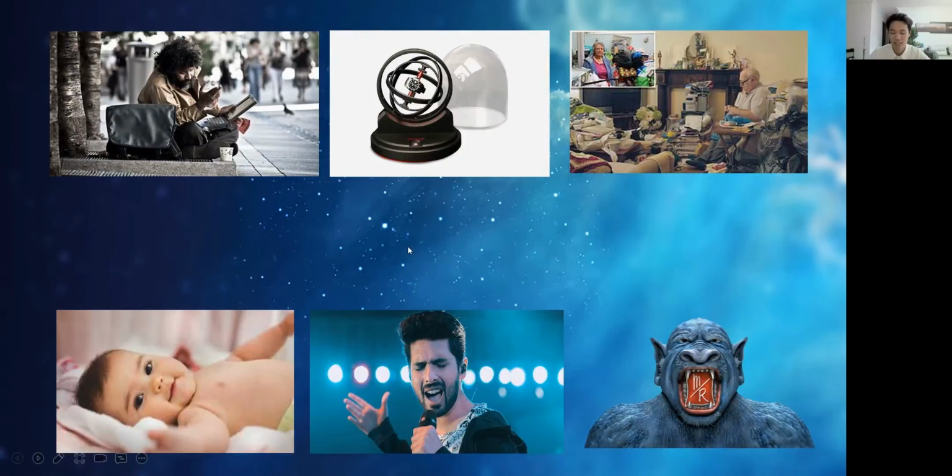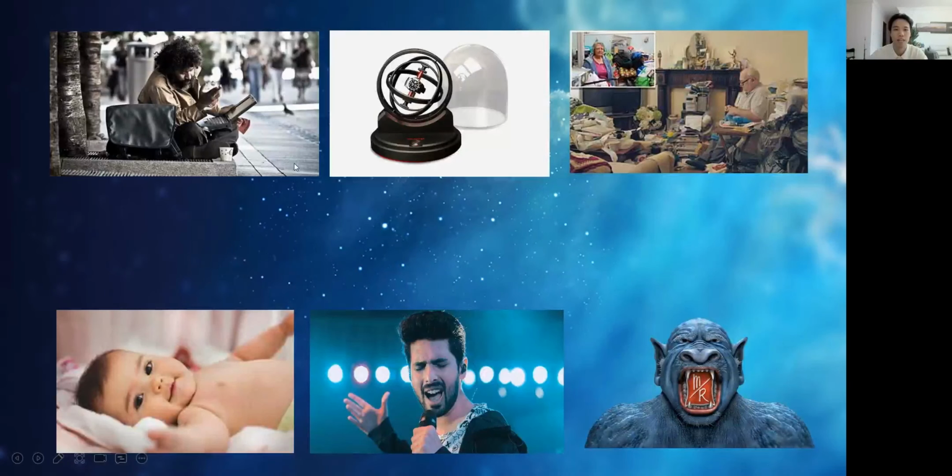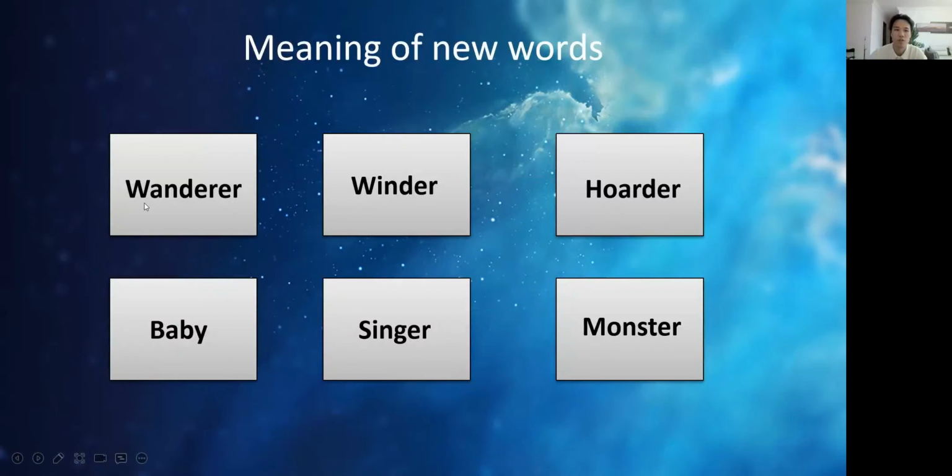Why am I showing you these pictures? Because different pictures mean different topics of our poem today. Now we are going to move on to the poem, and the meaning of these new words refers to the pictures from the last slide. The first picture, the homeless man, refers to a wanderer, which means a man who is homeless.